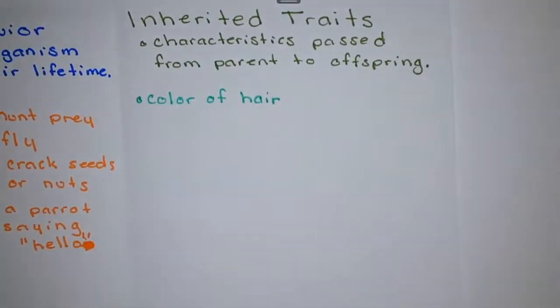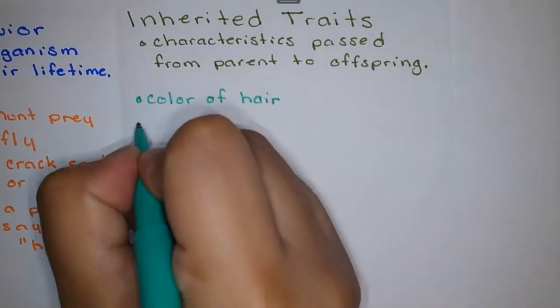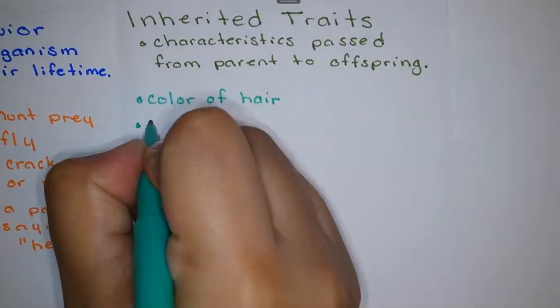My mom has light brown hair. My dad has really dark black hair, and I inherited my dad's side, which is a dark color. I do dye my hair. That's why you see it lighter. The color of my eyes.